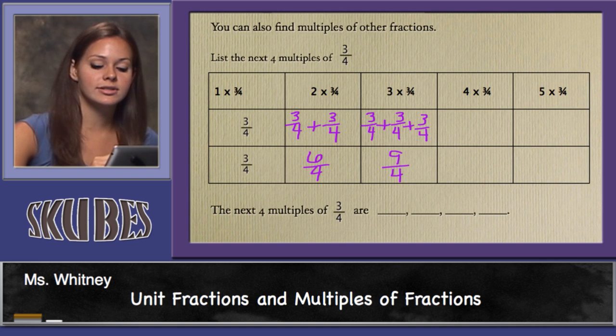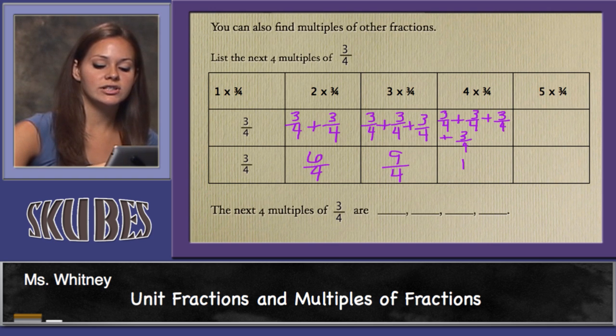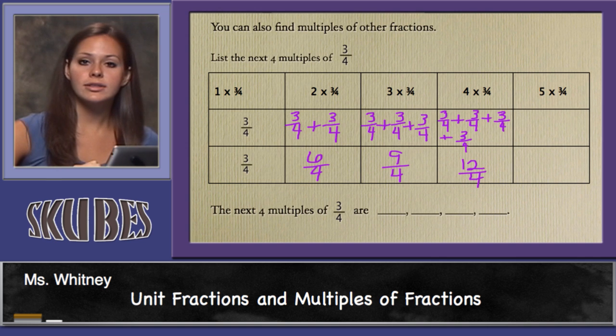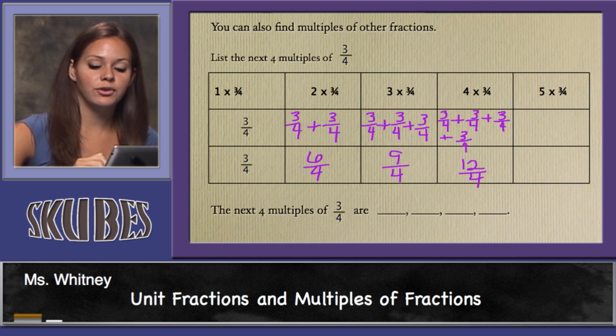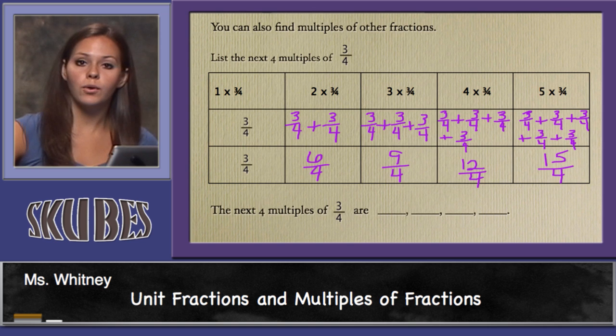4 times 3/4 is 3/4 added 4 times, which is 12/4. And 5 times 3/4 is 3/4 added 5 times, which is 15/4.